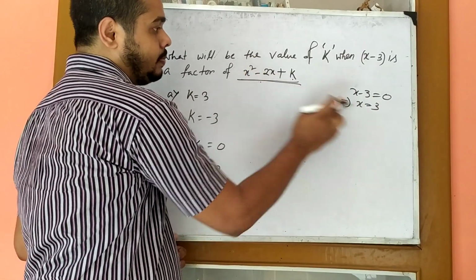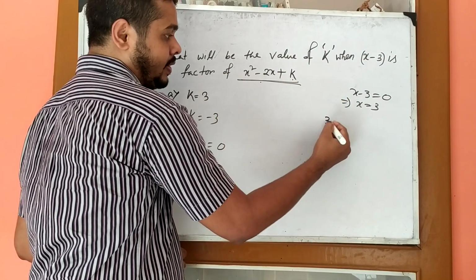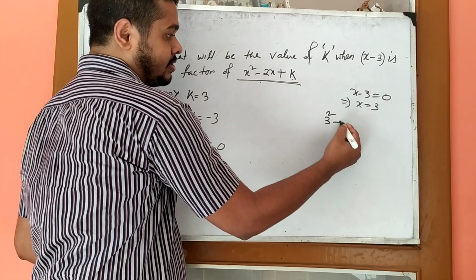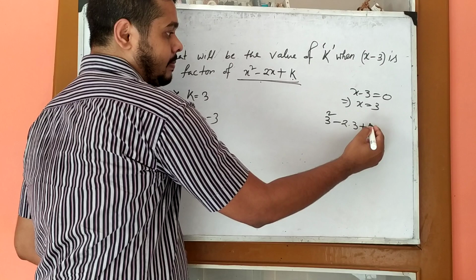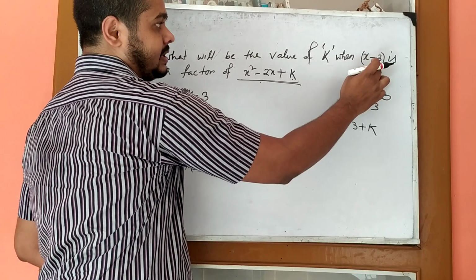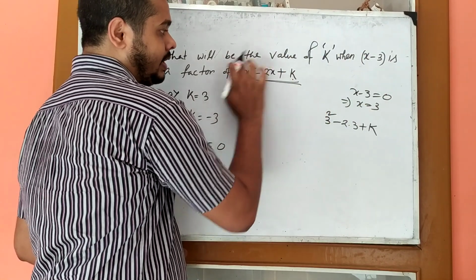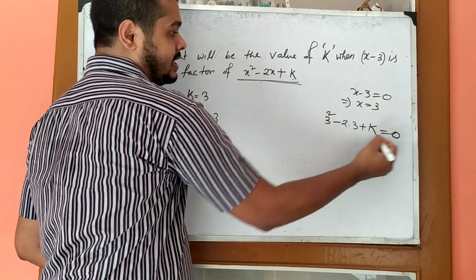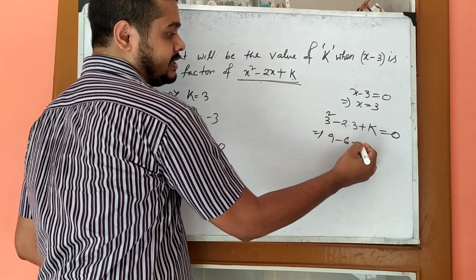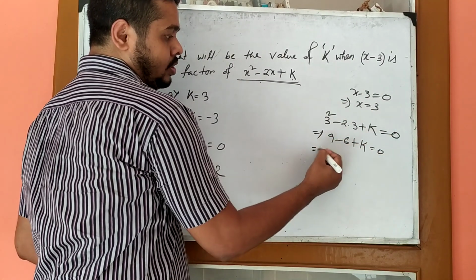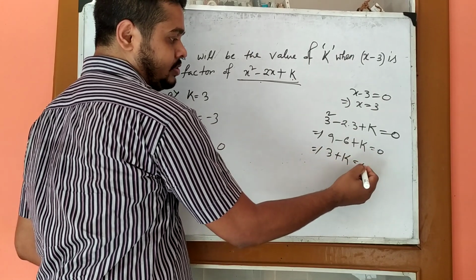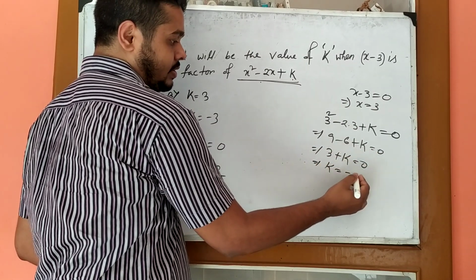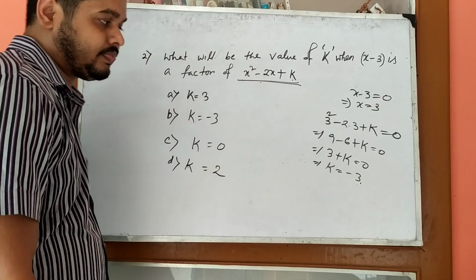Now putting the value x equal to 3 here, we can say 3 square minus 2 into 3 plus k. As x minus 3 is a factor, therefore this value will give us 0. So 9 minus 6 plus k equals 0. So 3 plus k equals 0. Hence k equals minus 3.